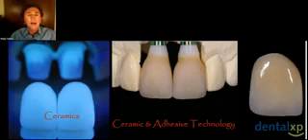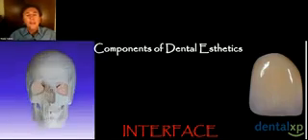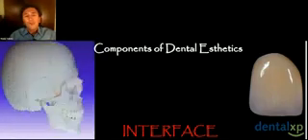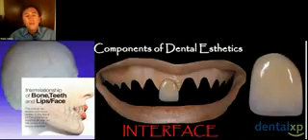What we'll find out today in this discussion, and I look forward to the question and answer period, is that the components of dental aesthetics have a lot more to do than just the ceramics that we utilize. They really have a lot to do with the understanding of the frame and the foundation that the restoration gets put in.